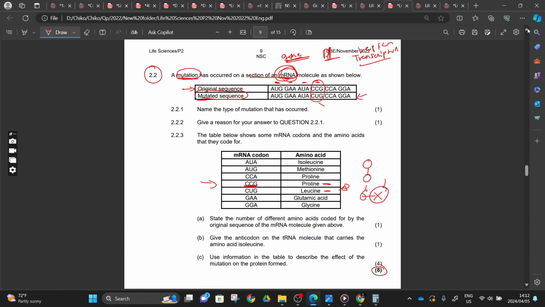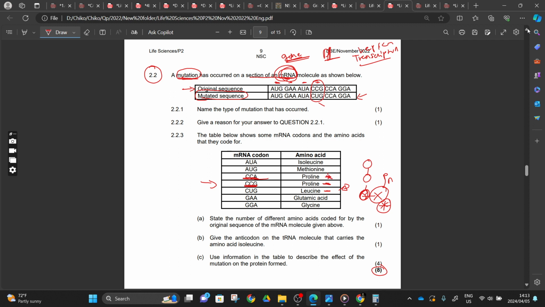That protein can end up being partially or non-completely functional. Another thing, if this CCG, which was coding for proline, was changed to CCA, it was still going to be proline at that amino acid, so there was not going to be any change to the protein. So you see, same as here, they only gave us only this.